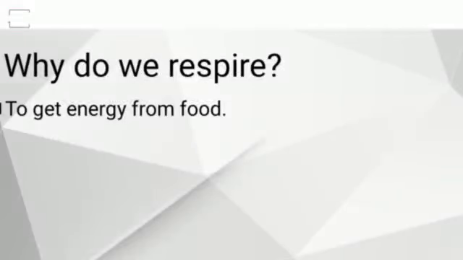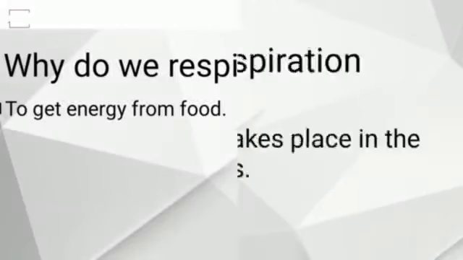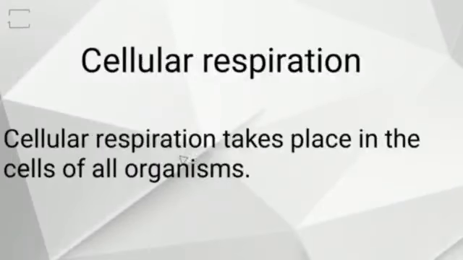And in the cells, oxygen in the air helps in the breakdown of food. The process of breakdown of food in the cell with the release of energy is called cellular respiration.